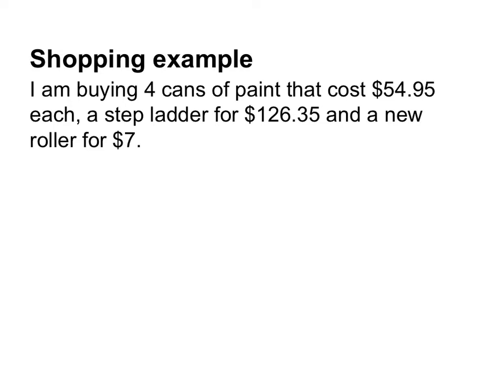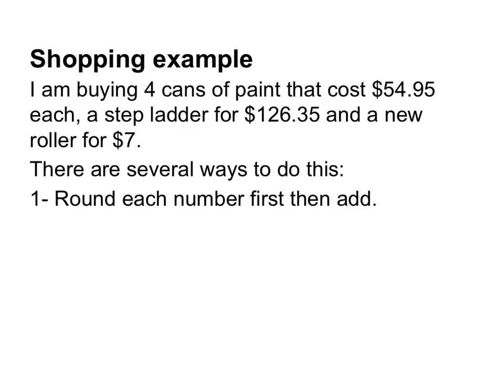Okay, so let's talk about a couple of strategies. So one strategy is to round each number first and then add them together. There are lots and lots of ways to do this. One possibility, maybe you take the paint and you say, well, that's about $55. Not much of a round there, so that's 55 plus 55 plus 55 plus 55.